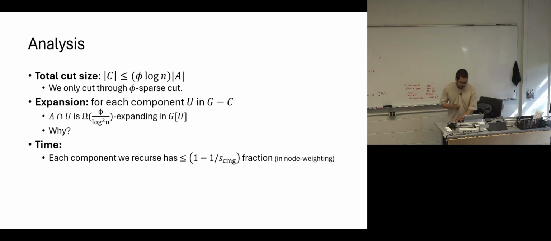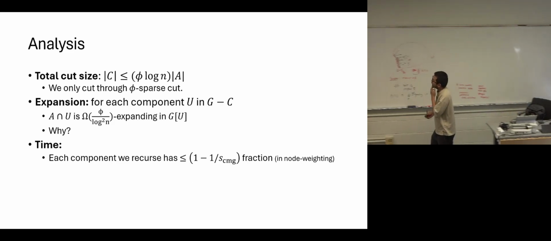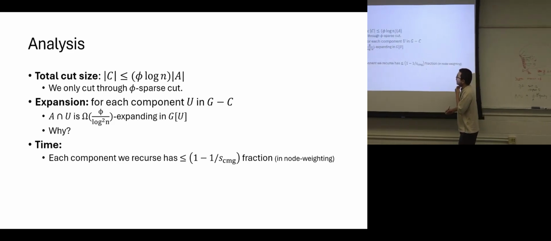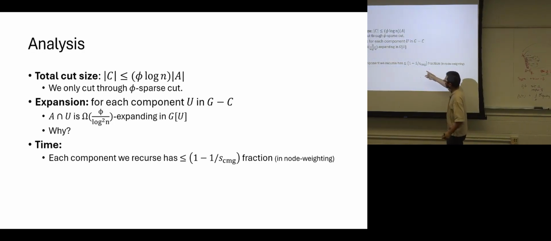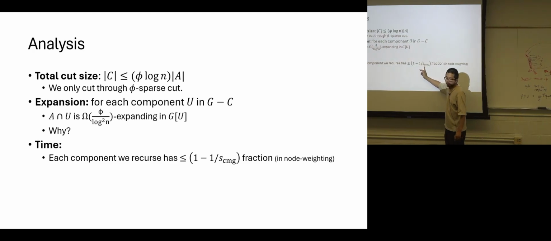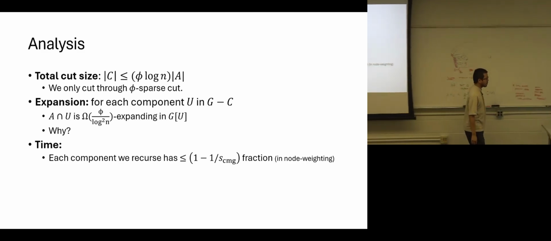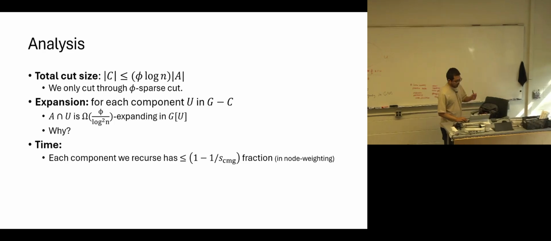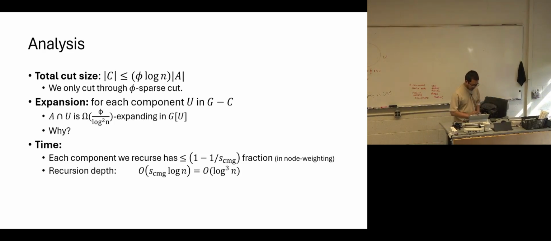And the time now. Each component, when we recurse, will decrease its size by something like a factor of 1 minus 1/log square. This is a beta factor. So the recursion depth is something like this much times log cube.